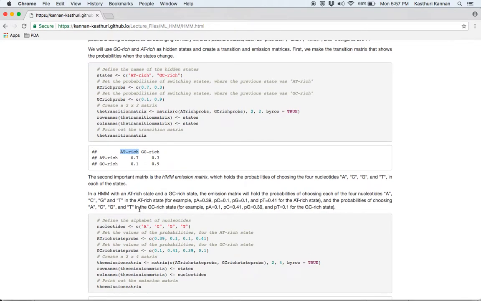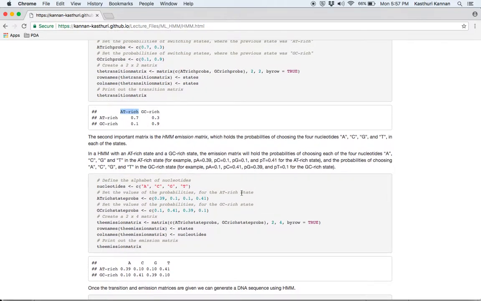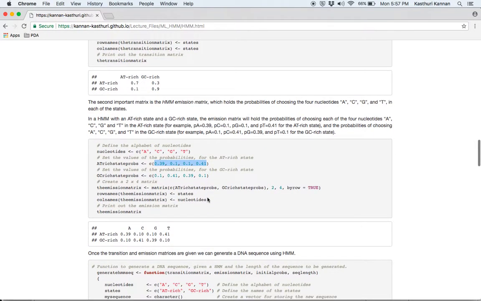The emission matrix is the observations. All you are observing is the four nucleotides, right? So we can assign probabilities for these four nucleotides in each of these states. For instance, the AT rich probabilities for these could be 0.39, 0.1, etc. And then the probabilities for GC rich could be these four probabilities.